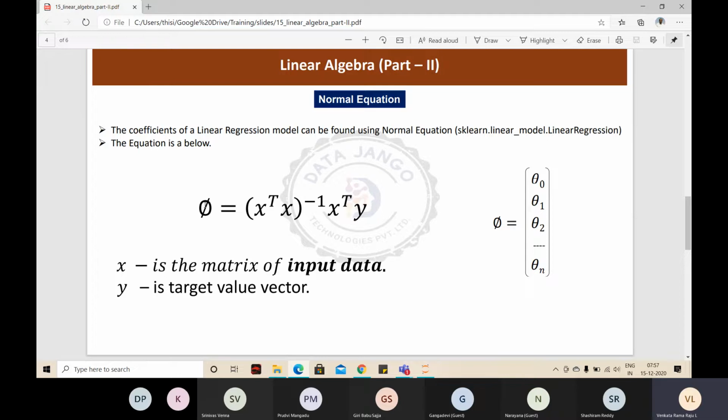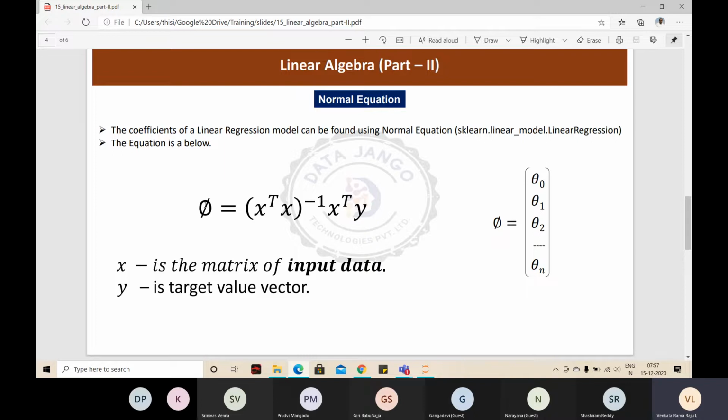Can you find the price of 4000 SFT? You immediately said 4 million. Why? Because the price is equal to SFT area into 1000. By looking at the train data, 1000, 2000, 3000 SFT houses, you figured out the equation, the coefficient that multiplies the input feature.